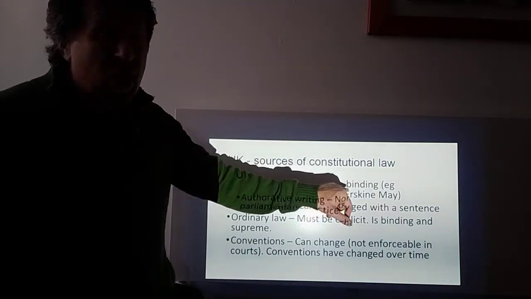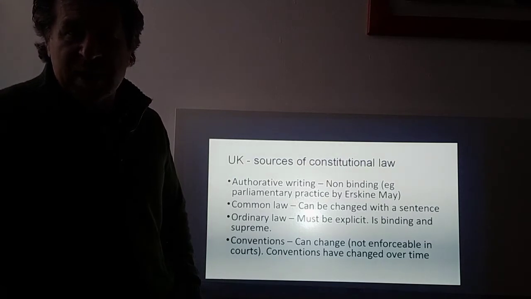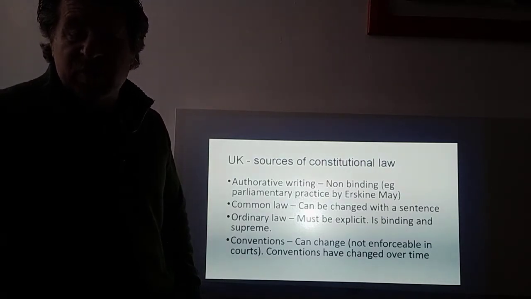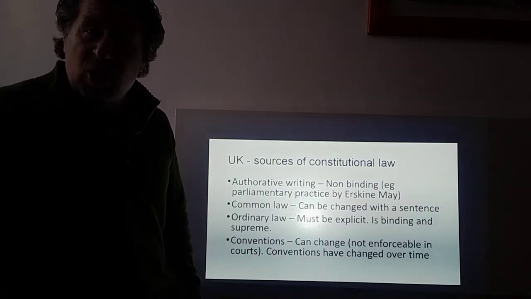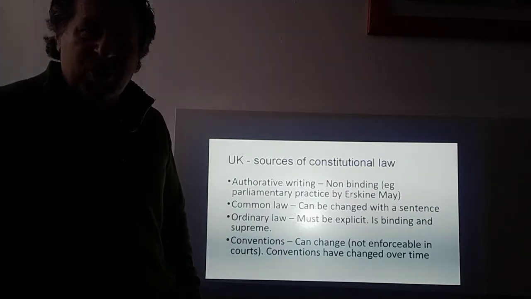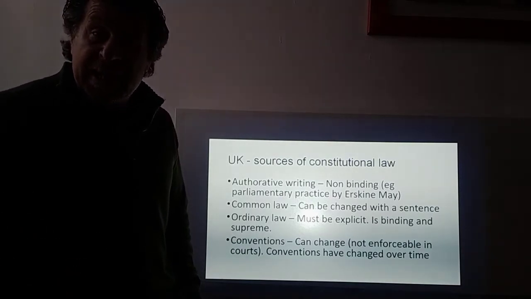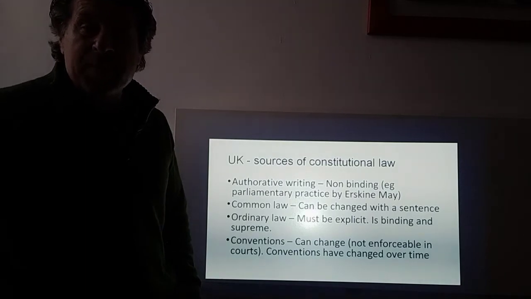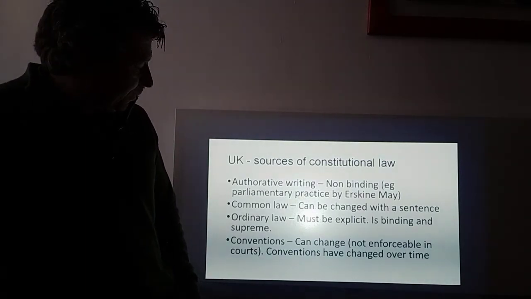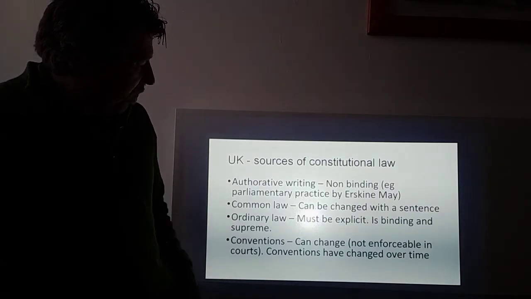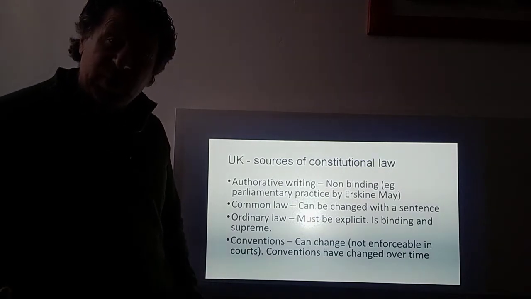But they are not binding, they're non-binding. So no court recognises them in terms of being a law. The courts recognise laws, whether it's common law or something which is created as a law. It's been through the legal process and recognised as a law. So this is not.